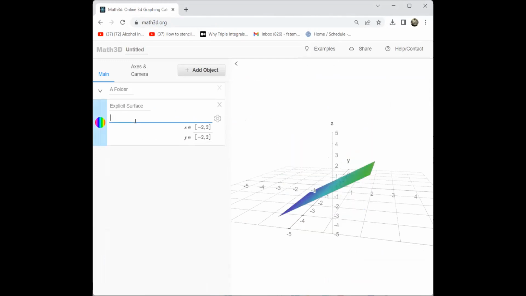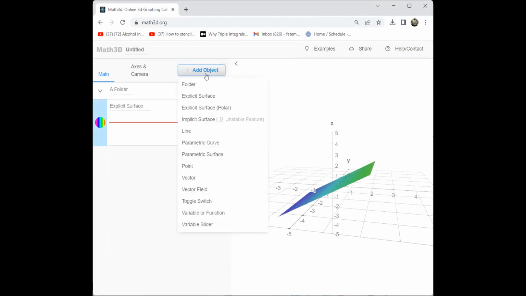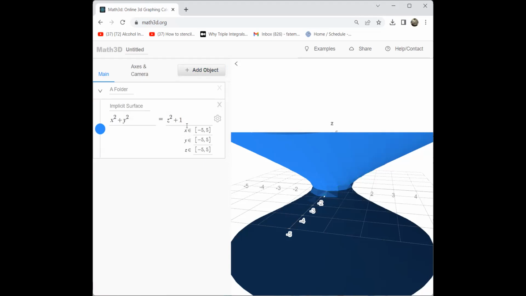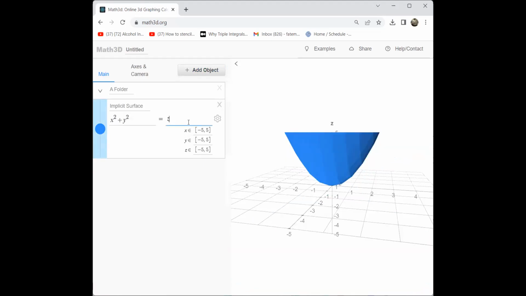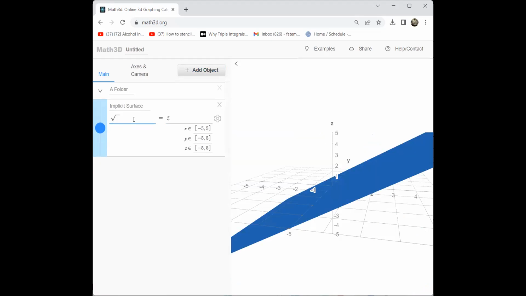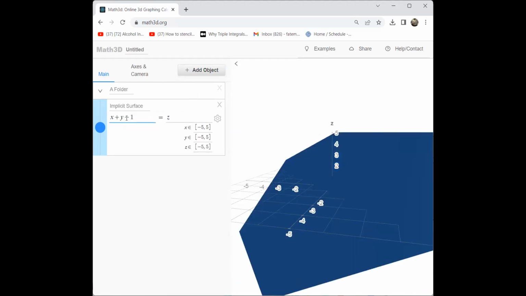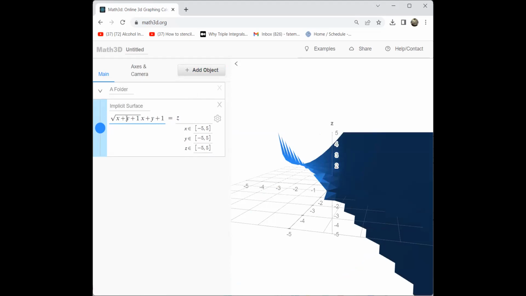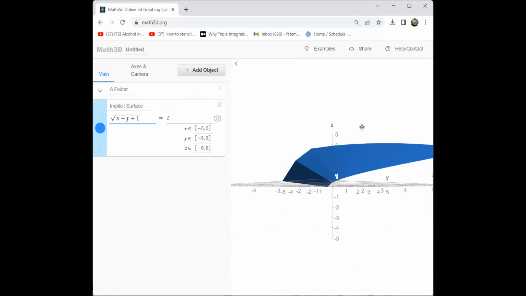Here you can graph this function, and you have different options. You can add an object, an explicit surface, or graph an implicit surface, whichever you feel more comfortable with. Here I have z equals the square root of x plus y plus 1.